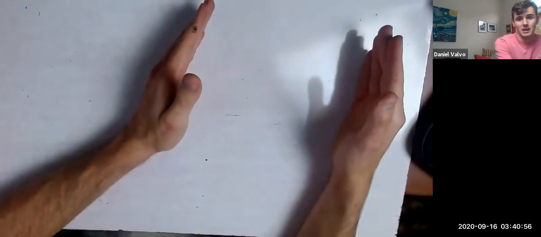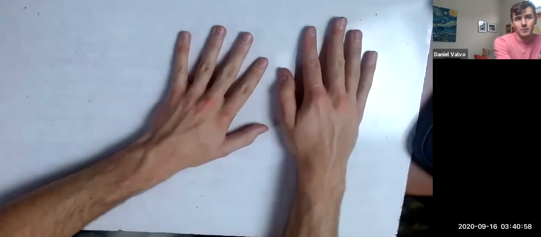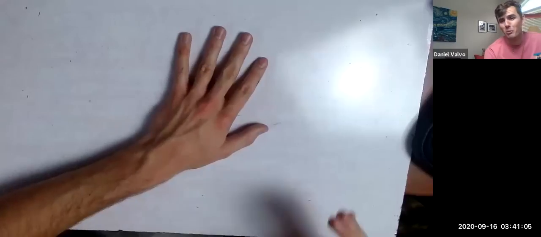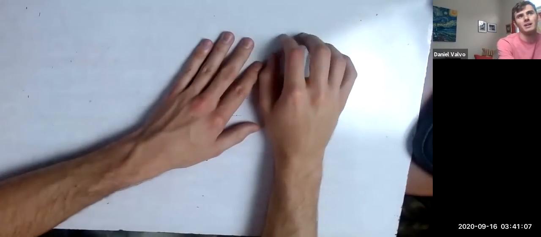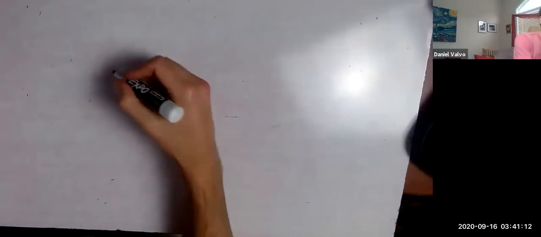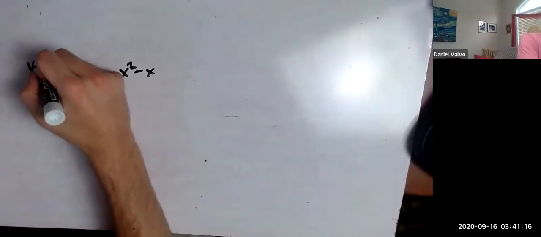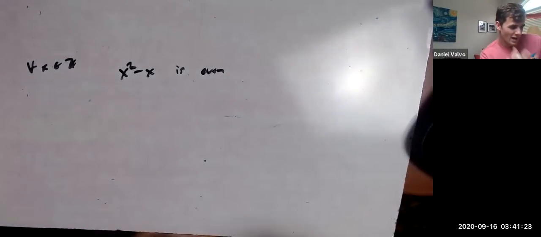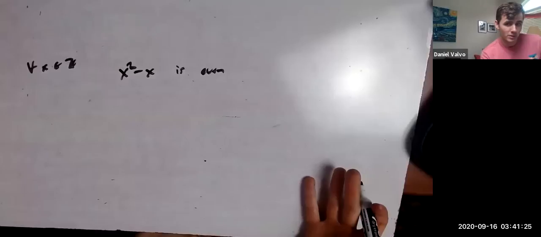A very nice trick is a lot of times you'll say, for example, what's a good example? I don't know off the top of my head, but if you want to say that x squared minus x is always even, it's not clear just looking at it why that's true.